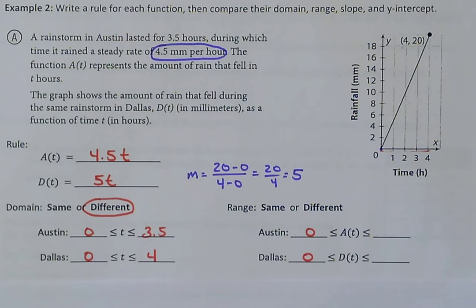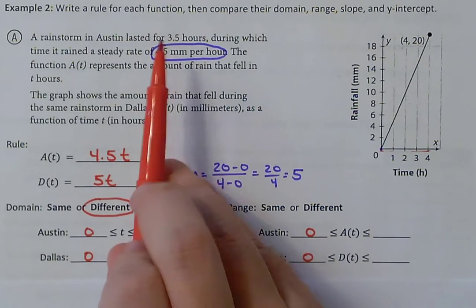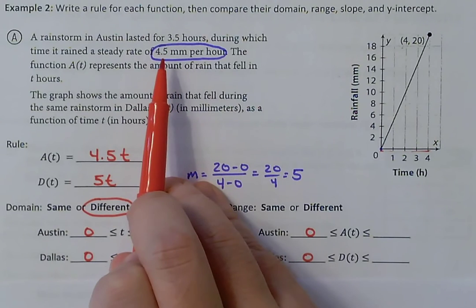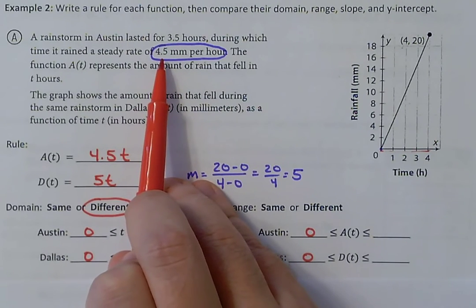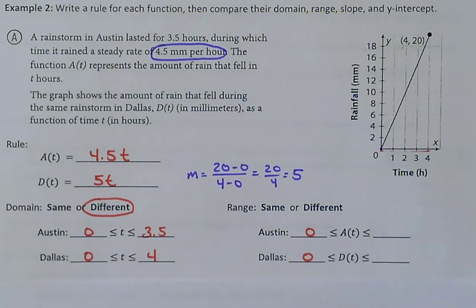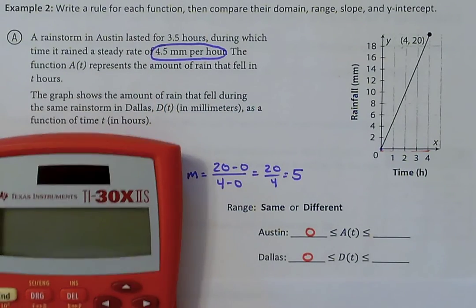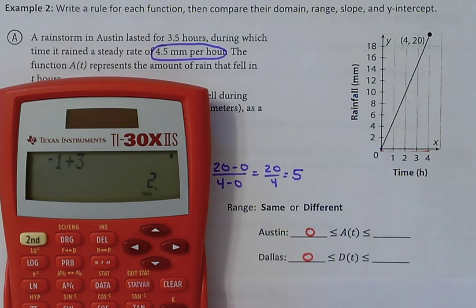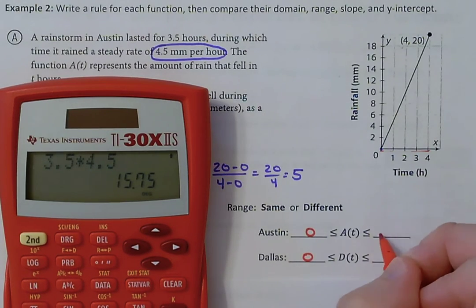For Austin, it rained for 3.5 hours at a rate of 4.5, so we're going to take these two numbers and multiply them. 3.5 times 4.5, we end up with 15.75.